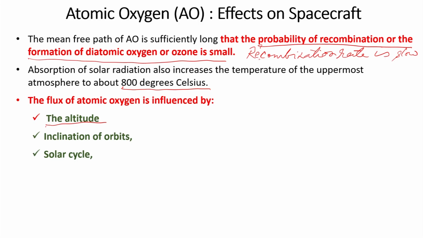Because of those solar activities, the flux of the atomic oxygen can change. Whenever there is a solar active cycle, there will be geomagnetic disturbances, like a solar storm, geomagnetic storm, or soft storm.